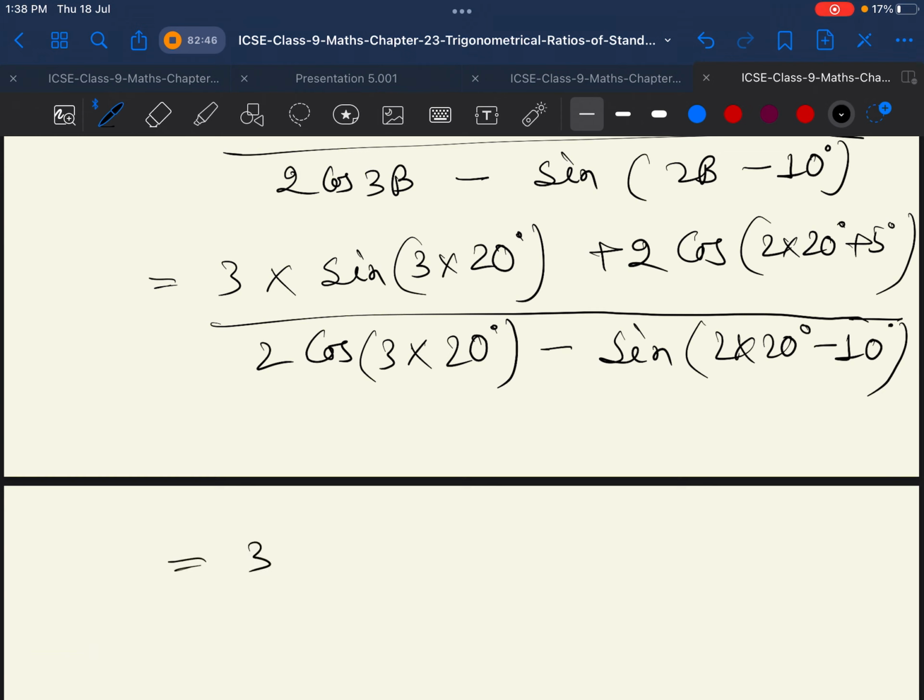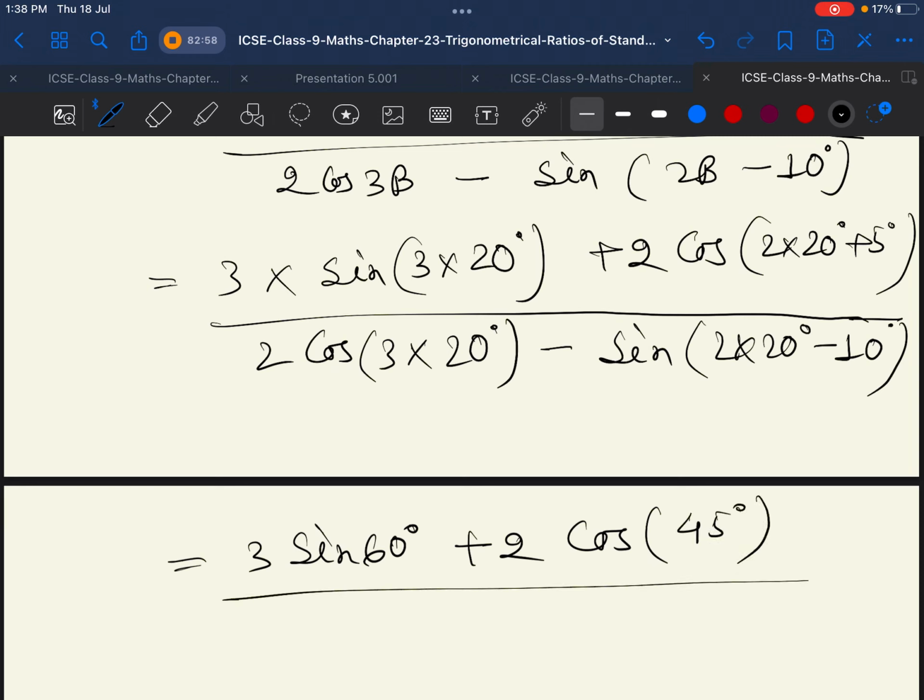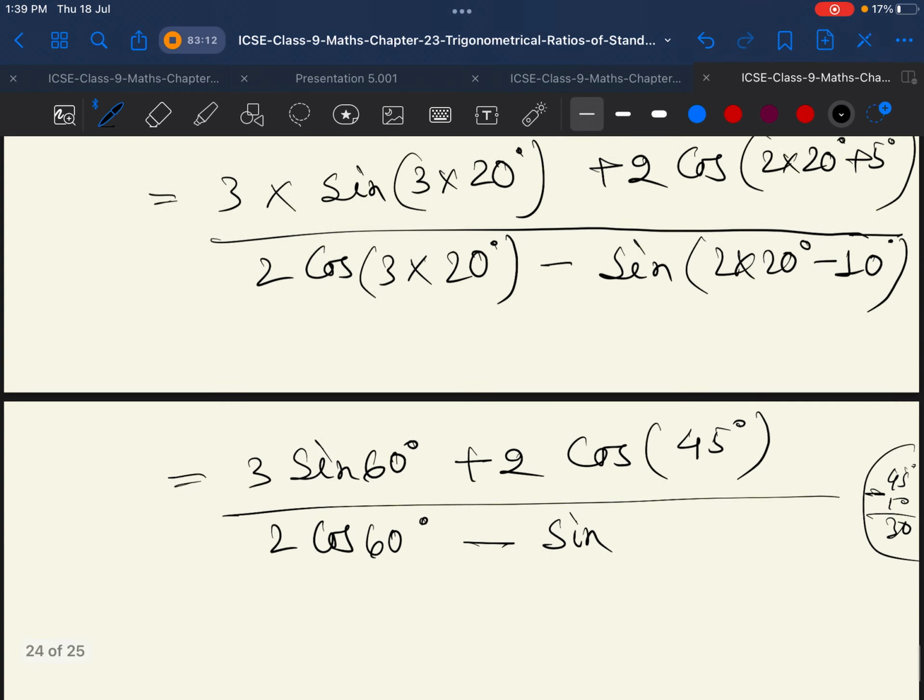Okay, so this term will be sin 60, 3 into 20 is 60, plus 2 cos (2 into 20 is 40, plus 5, 45), by 2 cos 3 into 20, 60, minus sin of (2 into 20, 40, 40 minus 10, 30).